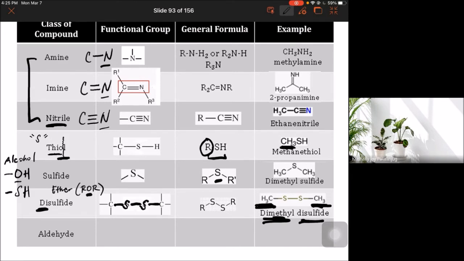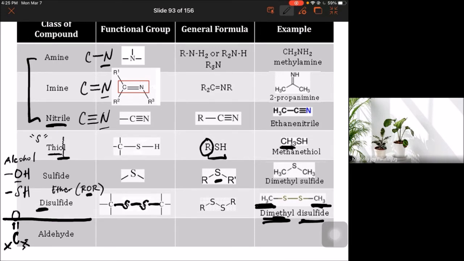Next, aldehyde. Starting from aldehyde, the succeeding functional groups are already considered carbonyl containing compounds. I repeat, from aldehyde onward, the functional groups are carbonyl containing, meaning they share a carbonyl in their functional group.